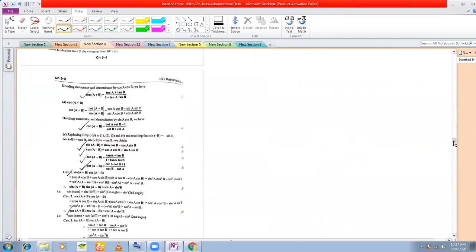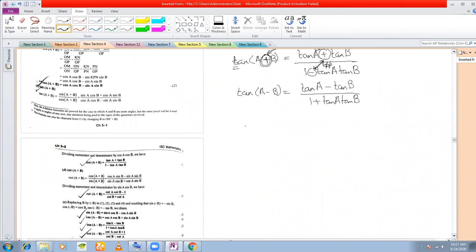Okay. Now, next is cot A plus B. Even if you don't remember it, it's okay, because cot will work with tan only. In case of cot A plus B, you have cot A cot B minus 1, divided by cot B plus cot A. Remember that in case of cot, this sign will be just the opposite of this sign, and these two signs will now be just the opposite of each other.